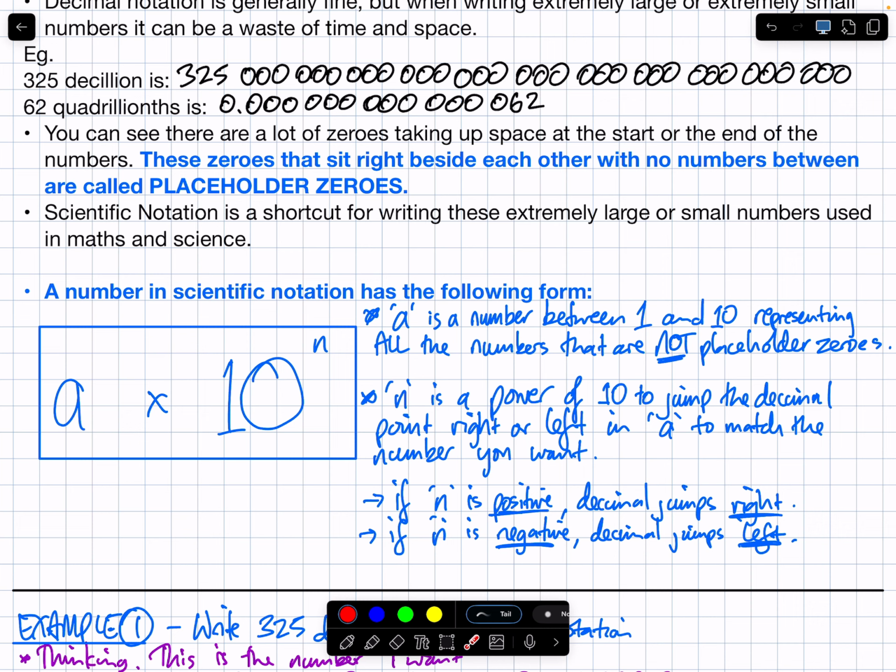So that 325 decillion, you've got 1, 2, 3, 4, 5, 6, 7, 8, 9, 10, 11, 12, 13, 14, 15, 16, 17, 19, 20, 21, 24, 25, 26, 27, 28, 29, 30. 33 zeros, and all it's doing is pushing 325 all the way to the left. Those are called placeholder zeros.